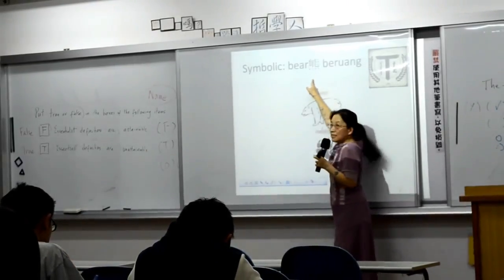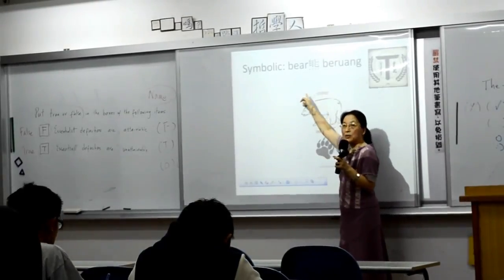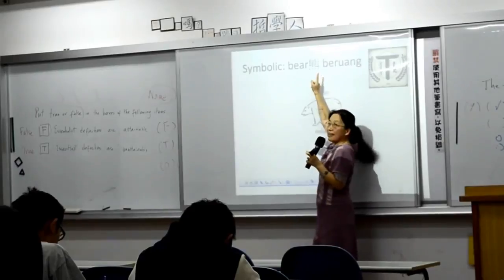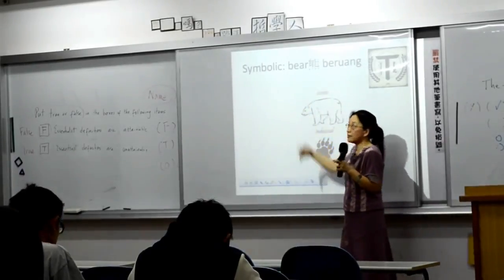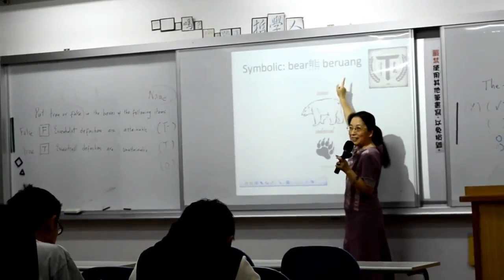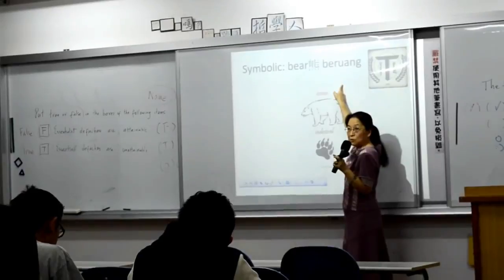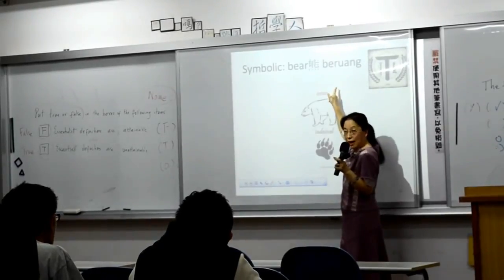Now in Chinese, we also use a symbol, a very arbitrary sign. It's written like this to indicate a bear. I think I'm correct. Is this Indonesian, Malaysian, beruang, which means a bear, right?